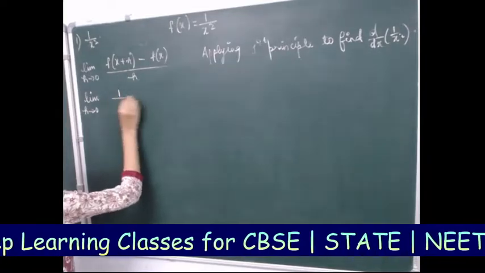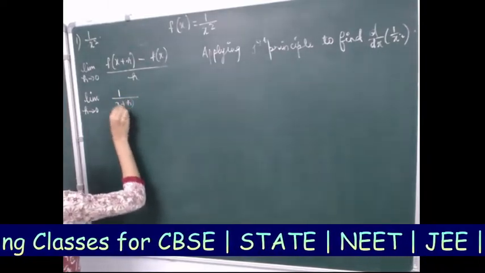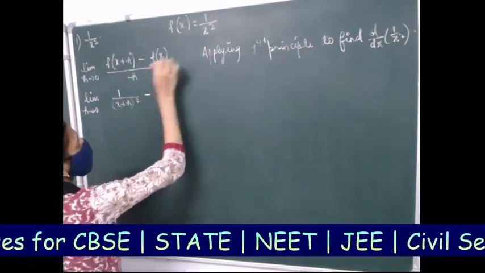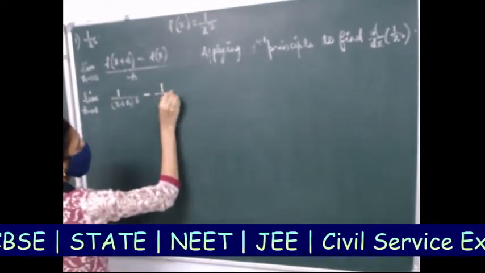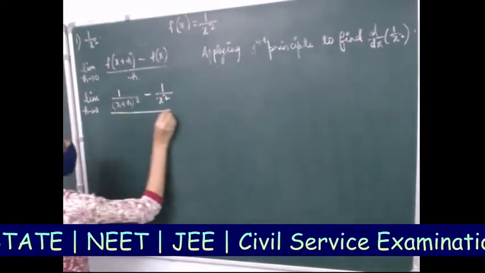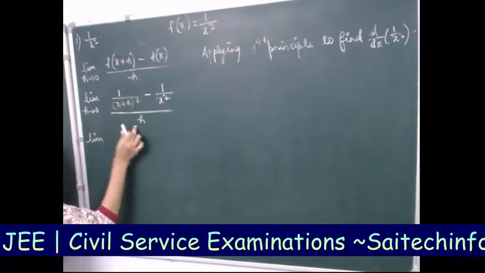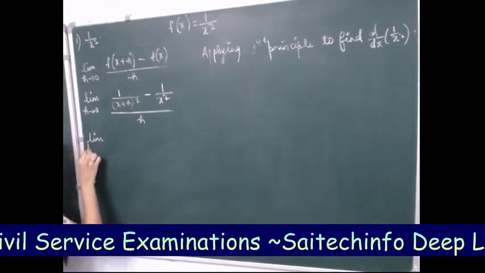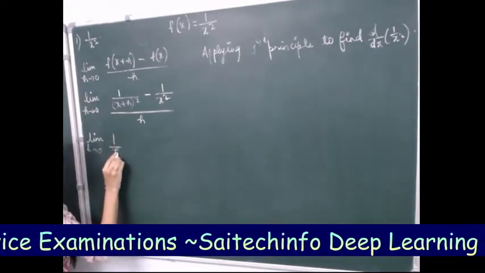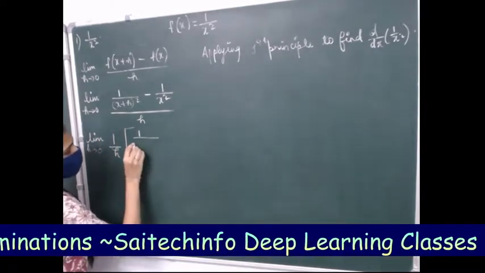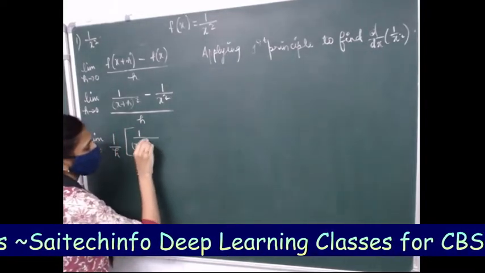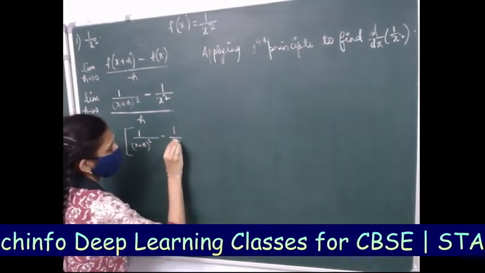So 1 by x plus h the whole square minus f of x, which is given in the question, so I'm going to write as x square, the whole divided by h. So to avoid confusion, I'm taking this h as 1 by h outside, and 1 by x plus h the whole square minus 1 by x square.